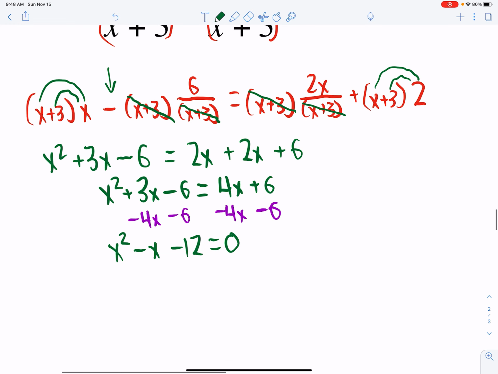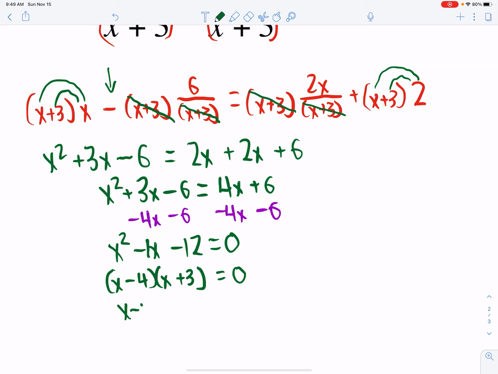And now to finish the problem, we factor it. Here you've got to be careful with the signs especially. To multiply to be a negative 12 but add up to a negative 1, you would need a minus 4 and a plus 3.